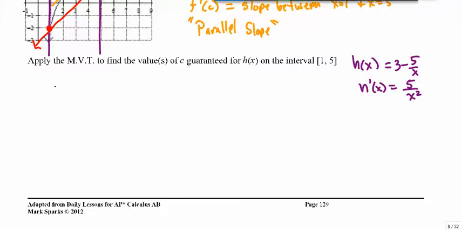Okay, so what the mean value theorem says now is there exists a C value such that the slope at C is equal to the average rate of change between 1 and 5. So f of 5 minus f of 1, over 5 minus 1.